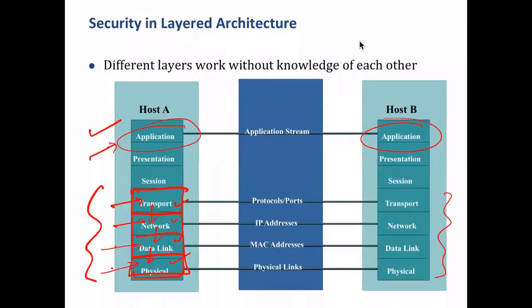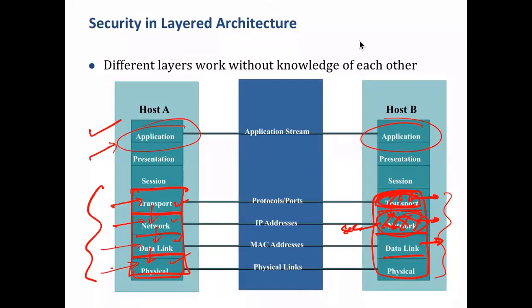There's a great advantage of having this kind of layered architecture. But there are problems also, because of the independent functioning. The functionality you create here, of course, depends on something that comes from below, but the functionality is independent. So let's assume there is a hack in the network layer, some security issue there.